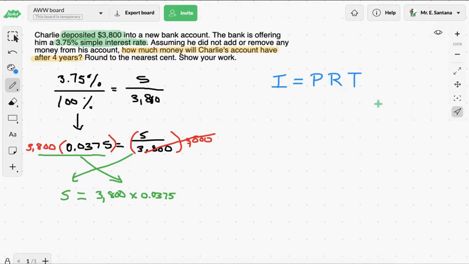So we know each value here. I is simple interest, and that's what we are going to calculate. We do not need to divide anything because we don't know what I is. We just have to use the numbers on the right, and all of those are being multiplied by each other. So I is what we're trying to find out. This is simple interest in dollars, because that's what we need to know.